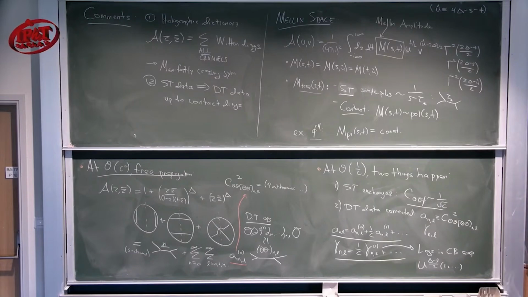To call this an AdS scattering amplitude is... M is the scalar amplitude of whatever states you want.